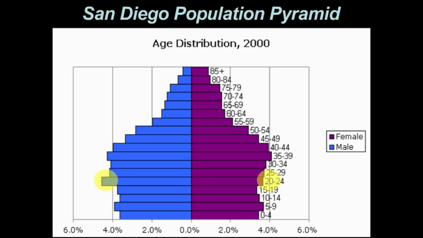This is due to a large naval base being located in San Diego. Because most of those on a naval base are young males, especially in that age segment, this is why you see an oddity as far as a sex ratio imbalance in this age cohort here in this location.